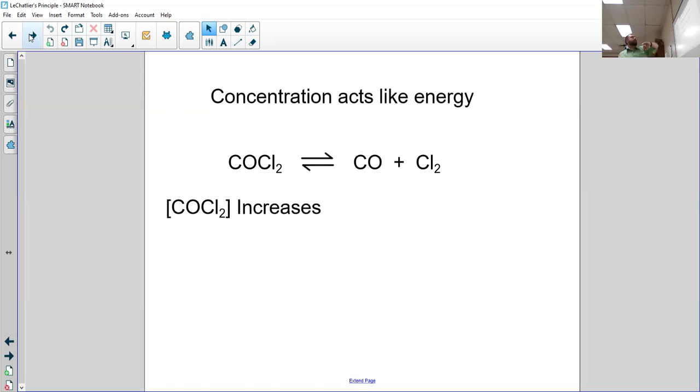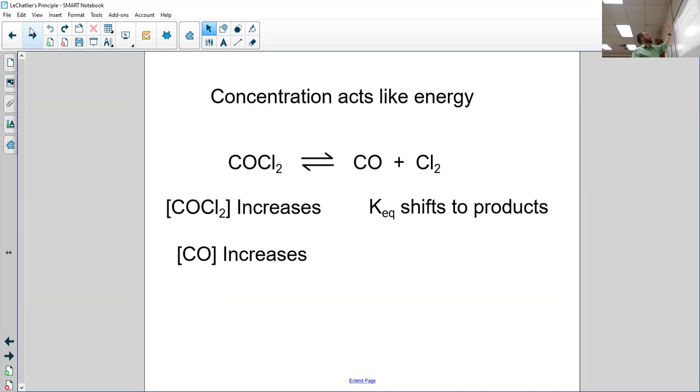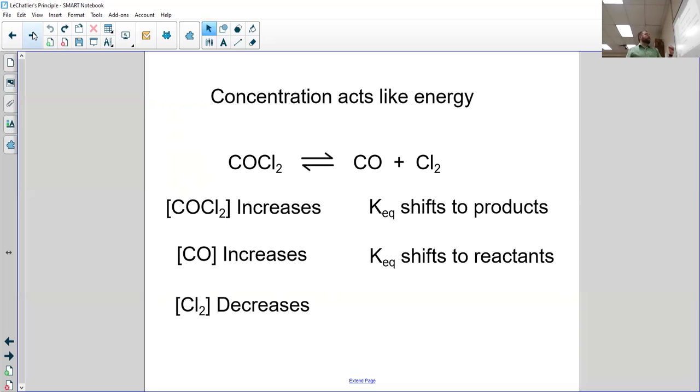As we increase the concentration of our reactant, the equilibrium is going to shift toward products. And if we increase the concentration of our products, carbon monoxide, it's going to shift toward the reactants, so away from it. And if we decrease the concentration of one of our products, equilibrium is going to shift toward our products.